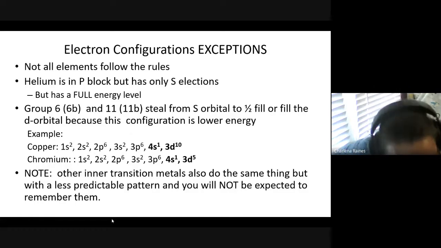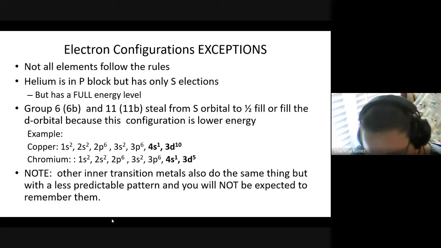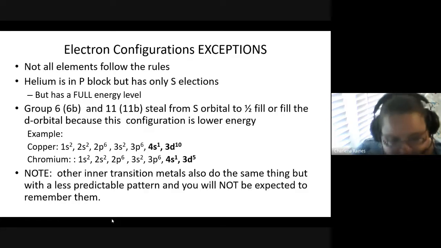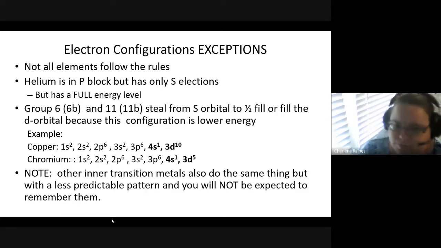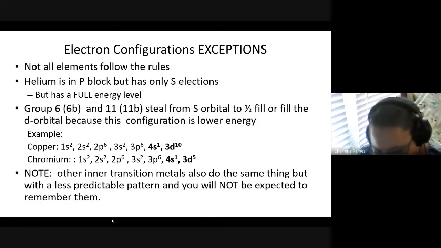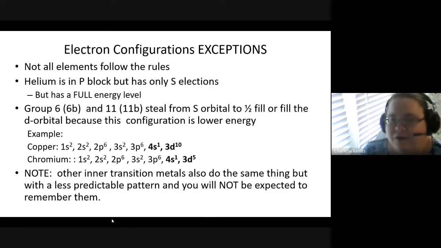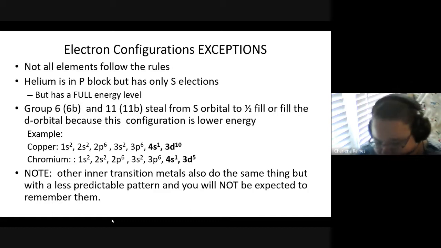Last but not least, and this is really only relevant for students who plan on taking AP Chem or chemistry in college, not everybody follows the rules. We've already seen where hydrogen doesn't always follow the rules, and a couple of our metalloids don't always follow the rules. And helium, even though it's on the right side of the table, is really an s and not a p.